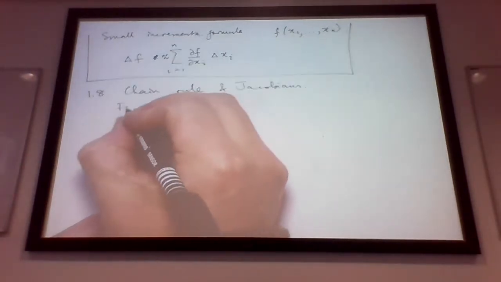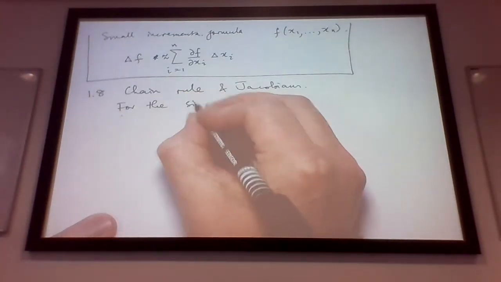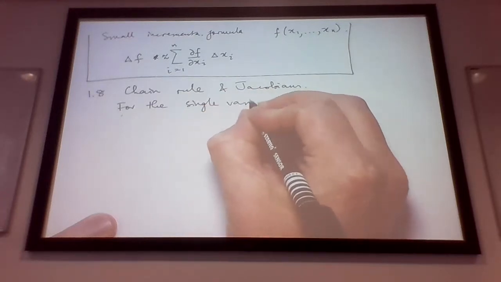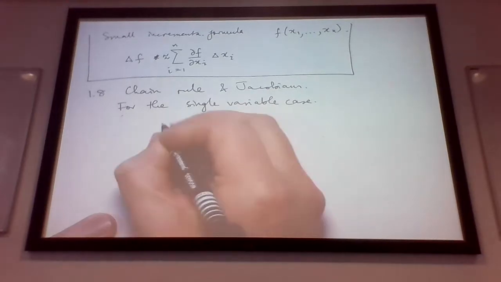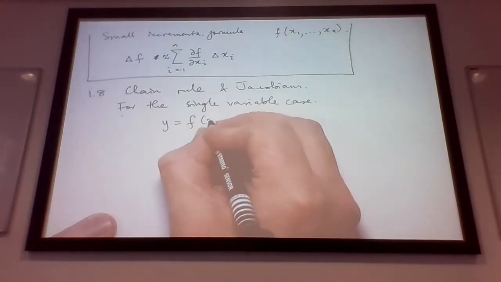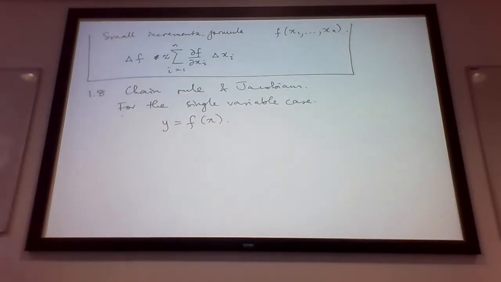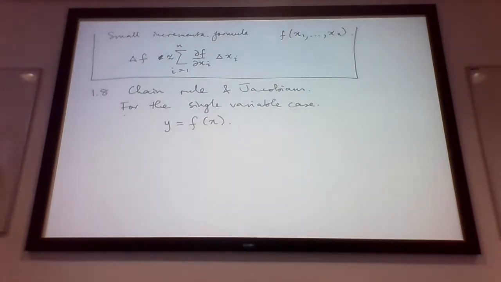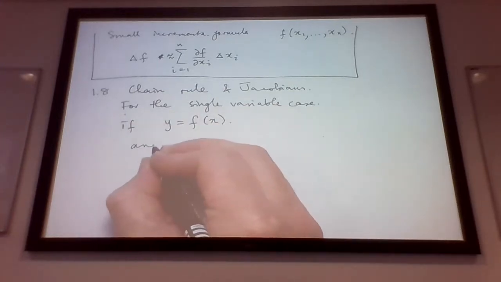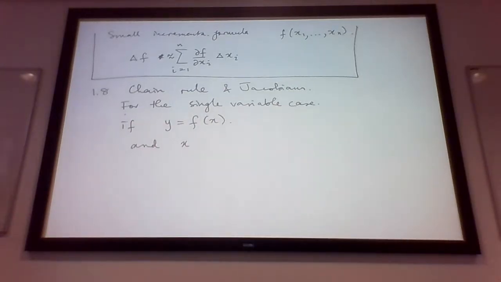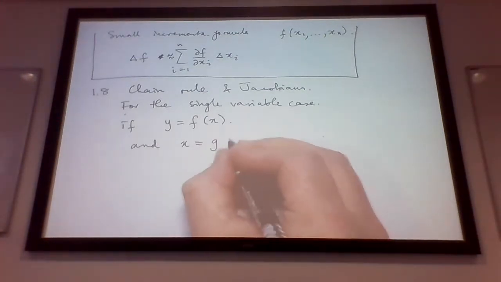Okay. For the single variable case, we may have a functional relationship y equals f of x between two variables, y and x, and in some situations, the variable x that y depends on through f may in fact be a function of another variable t.